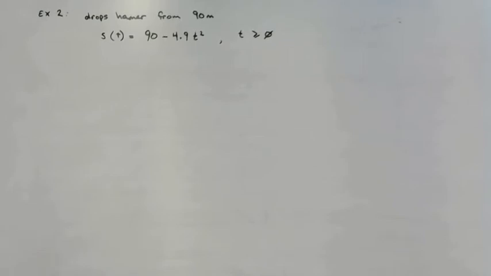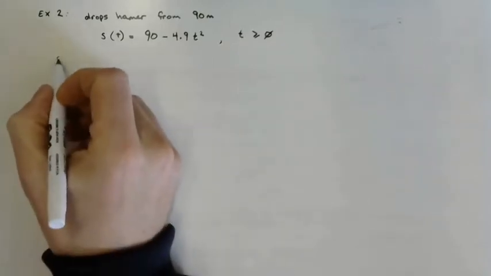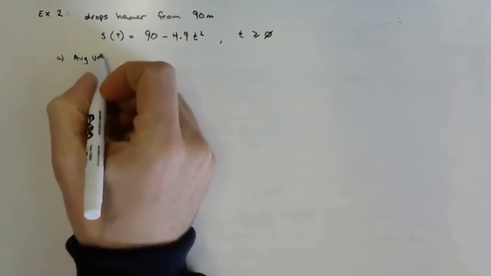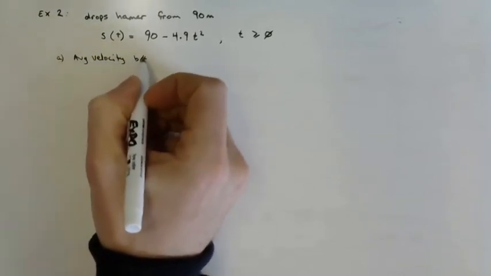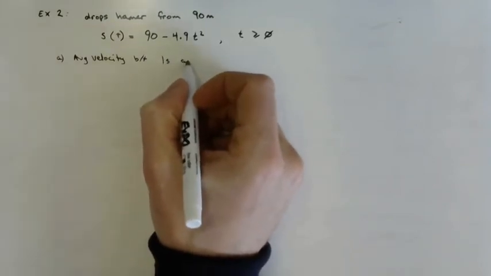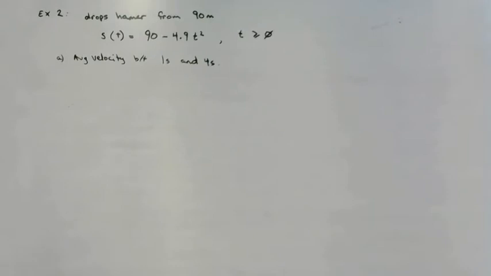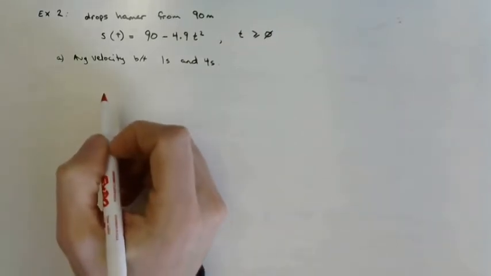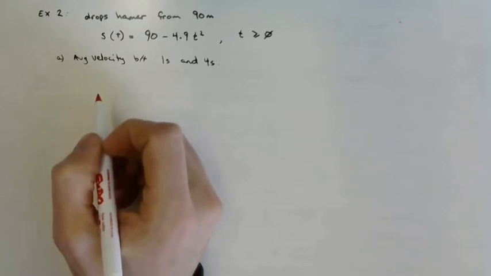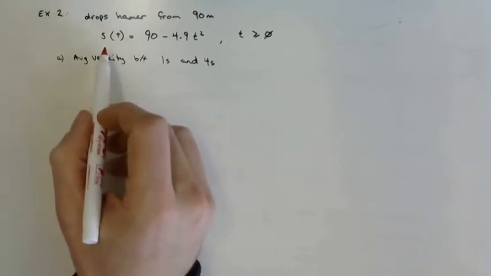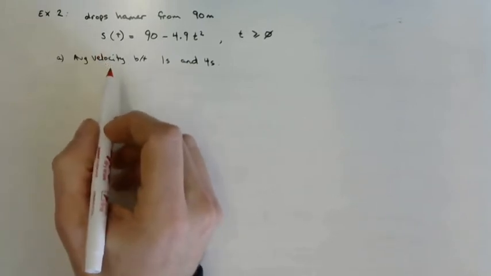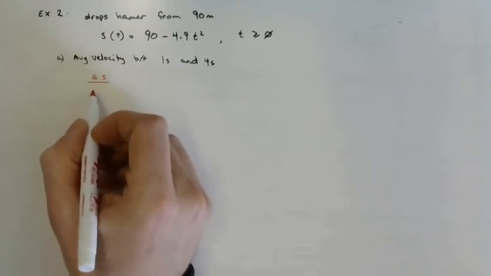All right, what do we need to do? We need to do a couple things. We're going to determine the average velocity between 1 second and 4 seconds. So let's do that. The average velocity, that's kind of going back to the slope of a secant line, an estimation of velocity. And this average velocity is the change in s over the change in time.